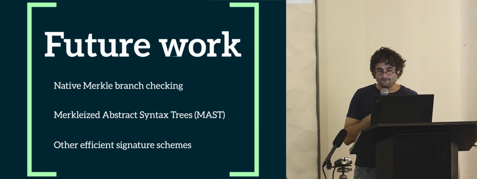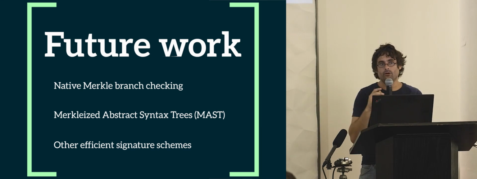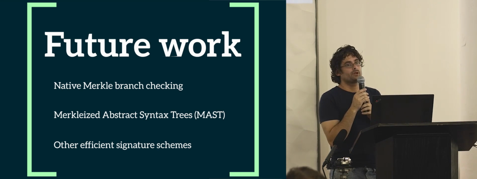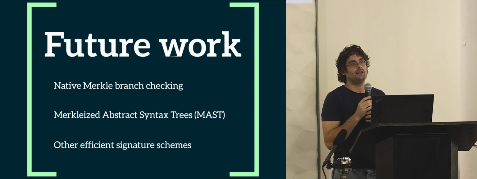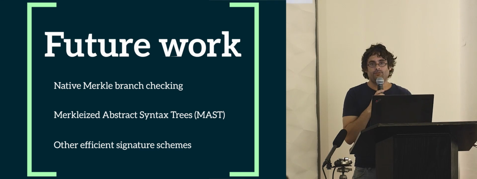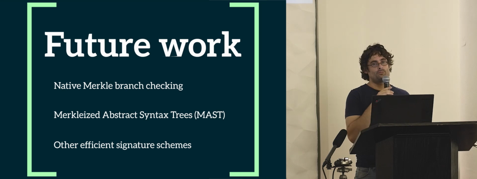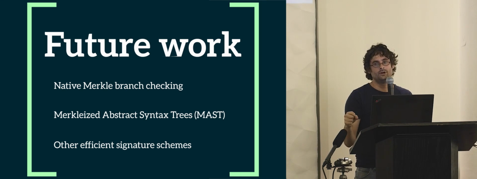So a next step, and this is actually an idea that's much older than all of this work and sort of what inspired it, is Merkleized abstract syntax trees. We're not really limited to producing a single balanced tree of combinations of keys. We could, in fact, restructure the scripting language entirely to be tree-shaped, where you have and, or things.